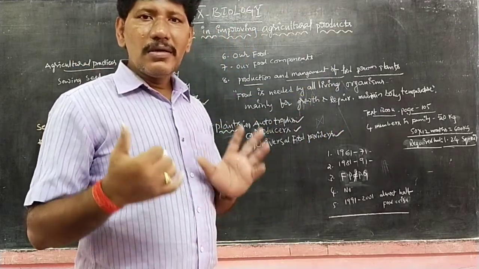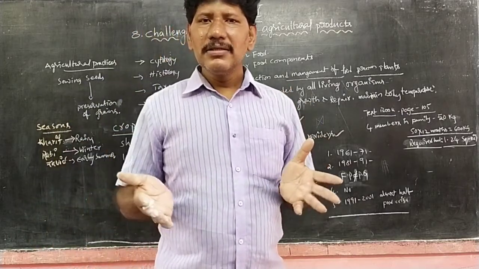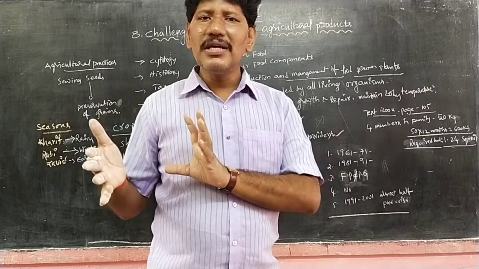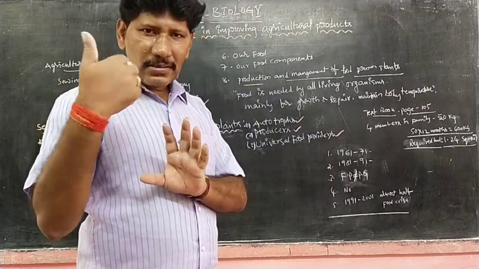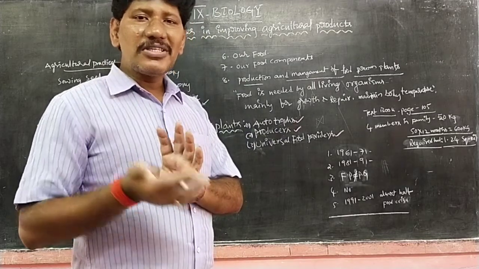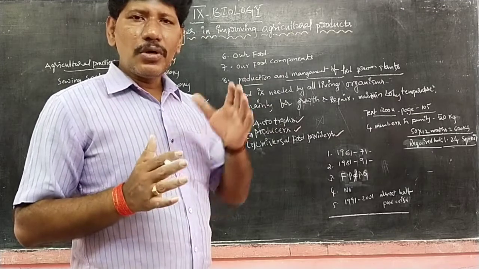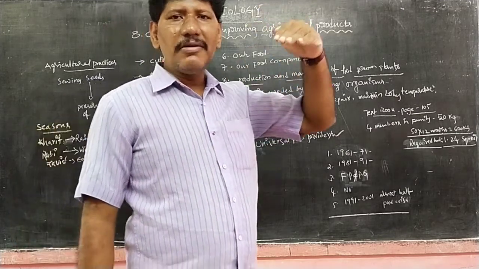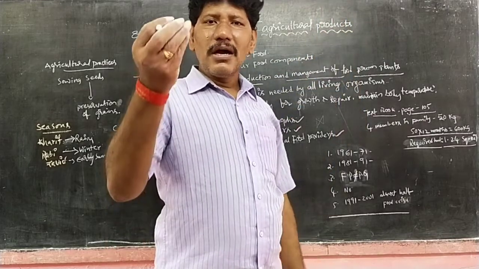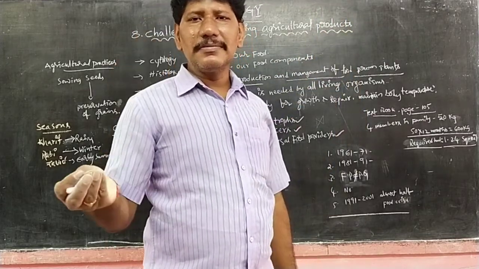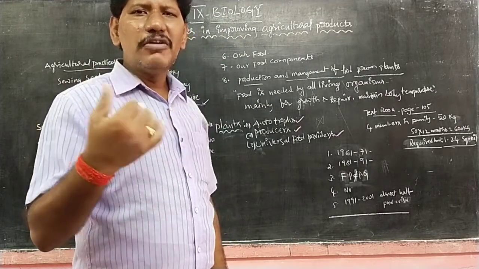Moreover, when the population increases, obviously they have to occupy the agricultural land area, and it is converted into commercial land areas, decreasing the land area. So the population rate is very high. The population is multiplying, but the food production is decreasing. So population growth and food production are not equal.